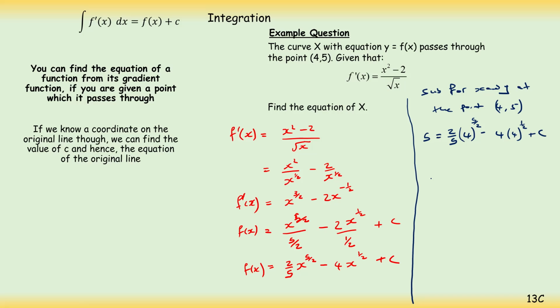So simplify to find c. We've got 5 is equal to 2 over 5. Now that's the square root of 4, which is 2. In fact, let's just write it in full: the square root of 4 to the power of 5, minus 4 times the square root of 4, plus c. And when we work that out, it's going to be 2 to the power of 5, which is 32, minus 4 times 2.